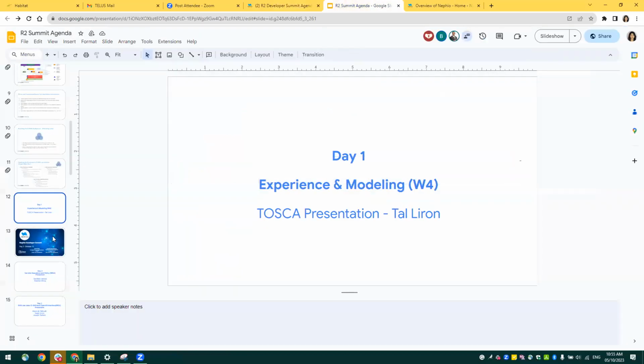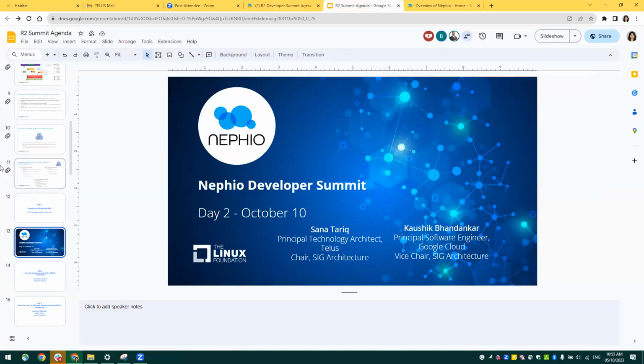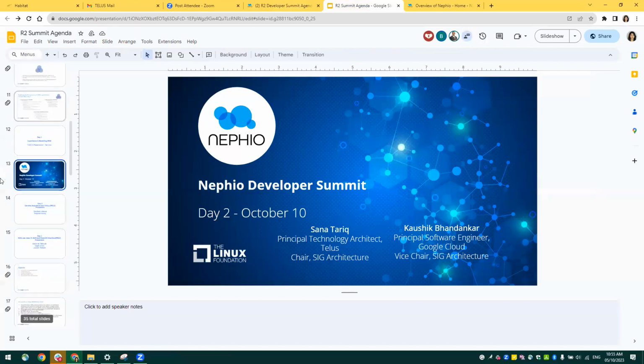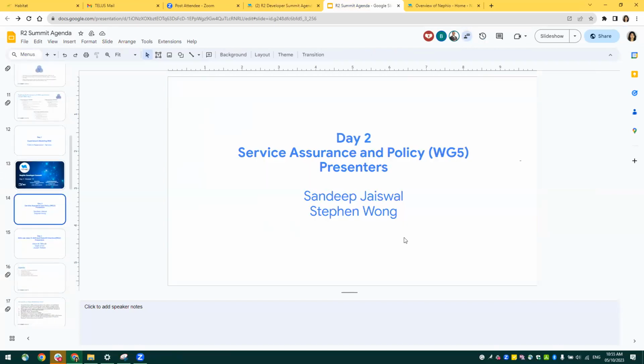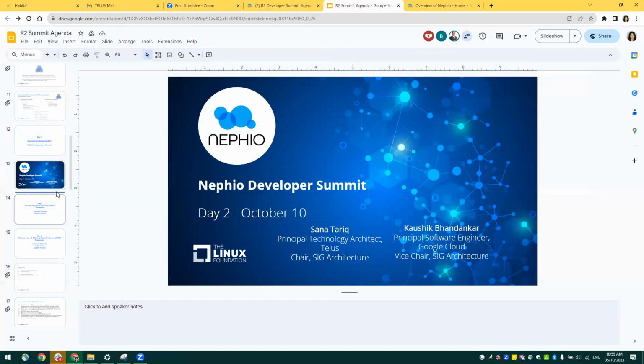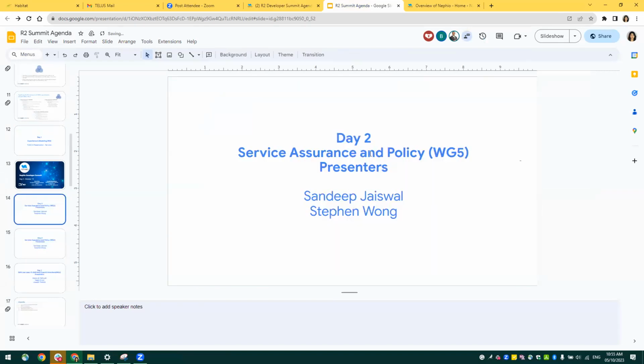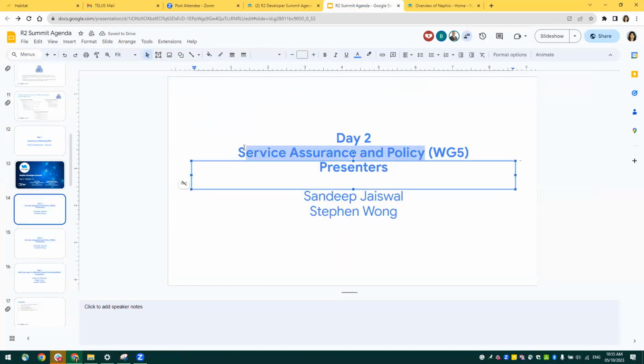Take your time. We have successfully finished day 1 with 5 minutes left, and now we are in day 2. In day 2 we now have two different presentations on this, right? Maybe we should call it out with a slide breaker. Nephio and observability is first.